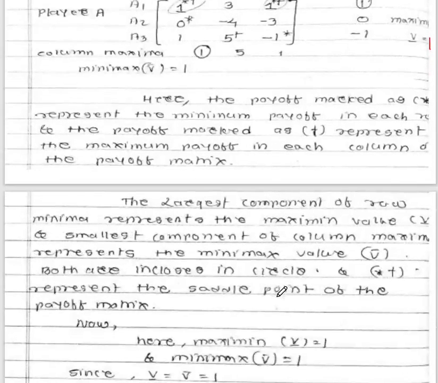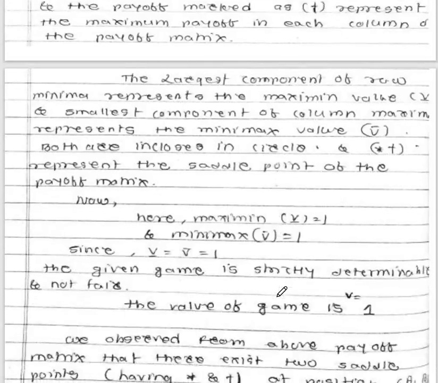Therefore we can say that the game is strictly determinable but not fair. Again, A1B1 is a saddle point and A1B3 is the second saddle point.